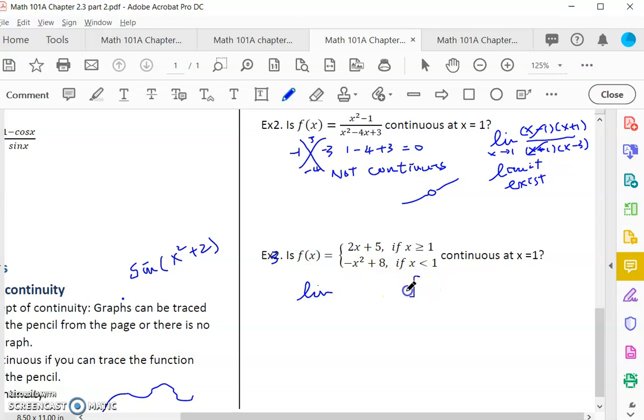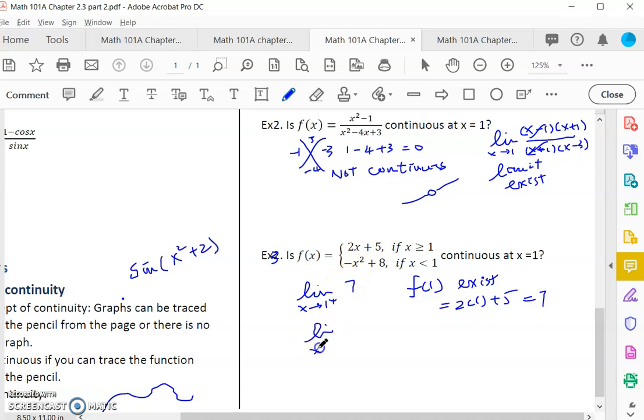So we'll say f of 1 exists first, because that's equal to this. It's equal to 2 times 1 plus 5, right? And that's equal to 7. So let's do the limit. X approaches 1 from the positive side, so that would be this side, 7, right?